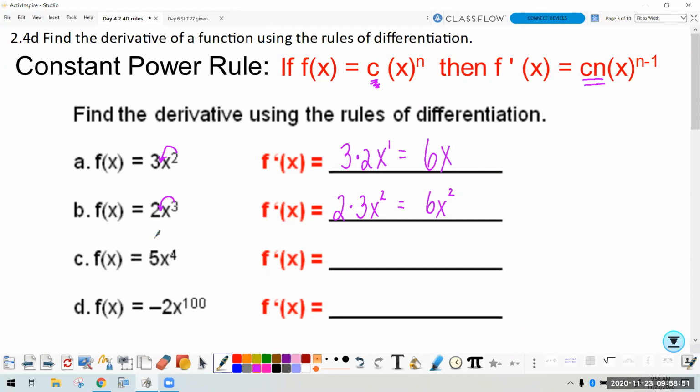So for C, we got 5x to the 4th. So when the 4 comes down, this is what I'm saying you can do in your head. 5 times 4, that's 20x, subtract 1 from the power, and our derivative is 20x cubed.